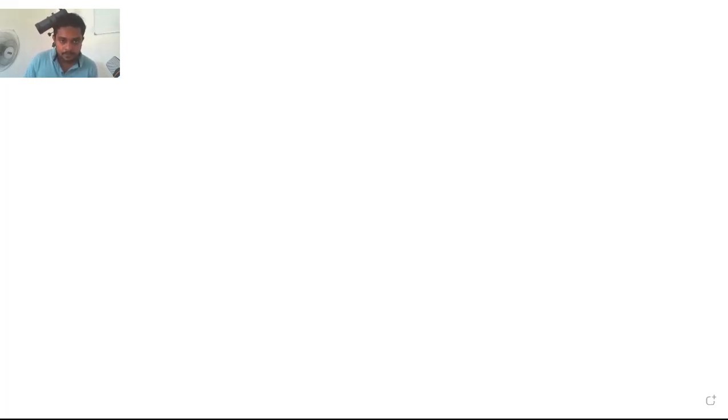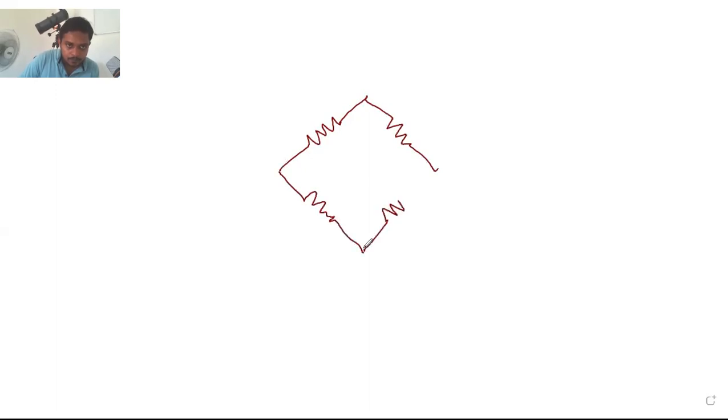Okay. First, I'll draw the diagram. Here, I'm drawing a Wheatstone Bridge, something like this, and here I have the galvanometer.